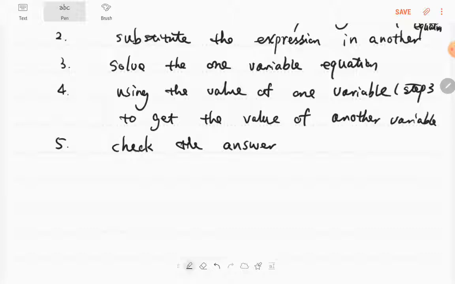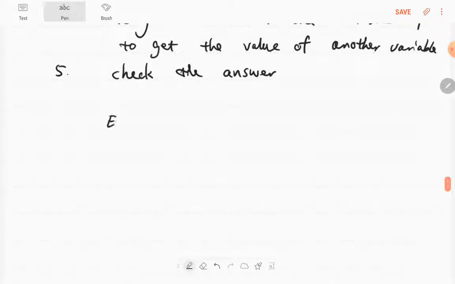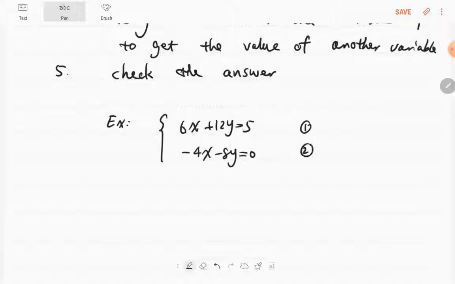Okay, let's check one more example maybe. So this time we want to solve this system. So we have 2 equations, right? We're gonna pick one, then solve for one.